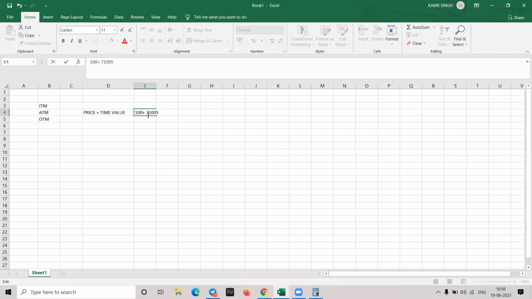So Nifty, 100 plus. Here, the reason I have taken 100 is because Nifty is trading almost 100 points above that strike price. I'm taking it approximately. So it has 100 points of price value and 75 points of time value. This time value will become 0 by expiry. Only what will be left is the price, that is 100.